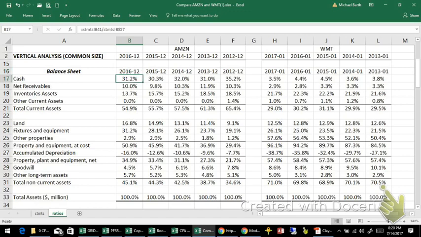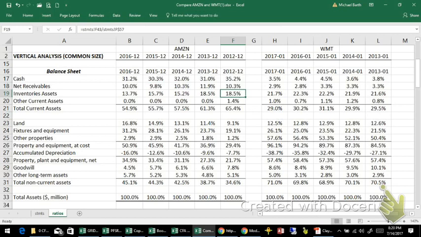So some of the stuff we can see with Amazon: cash is a fairly large percentage of total assets and has been fairly stable across the period, right around 31%. We also see net receivables, the accounts receivable, fairly stable, right around 10 or 11%. Their inventory has declined.